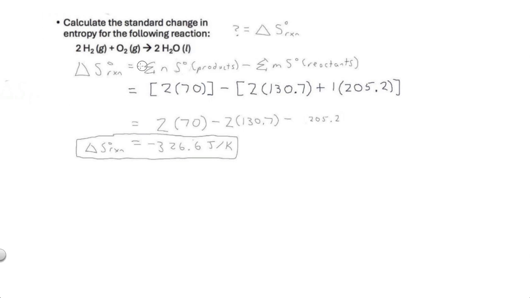So, remember, when you're using this formula, be careful to write the products on the left of the formula, even though the products are on the right in the chemical reaction, and be careful to write the reactants on the right in the formula, even though the reactants are on the left in the chemical reaction.